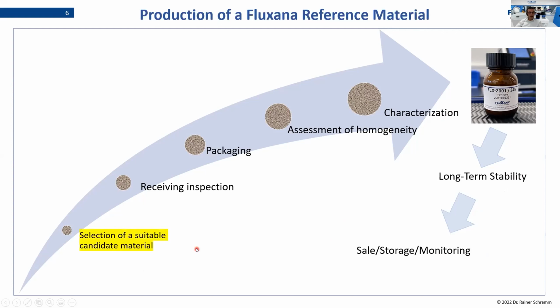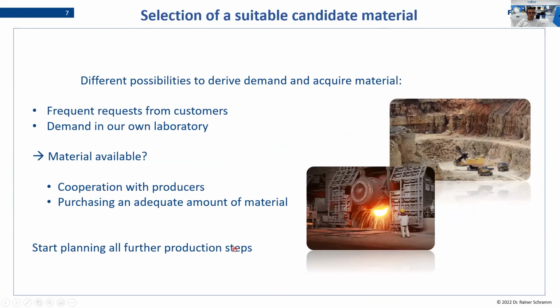So let's start now. How do we select a material? There it is very important that we have good communication with our customers, with you. Many of you have already asked us if we are able to make a reference material for them. And this is very often a starting point.